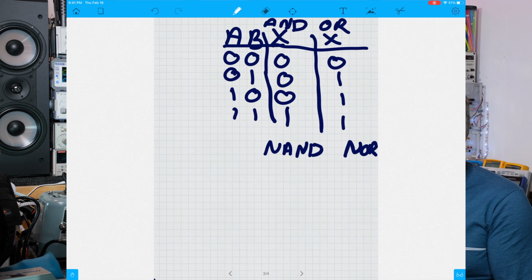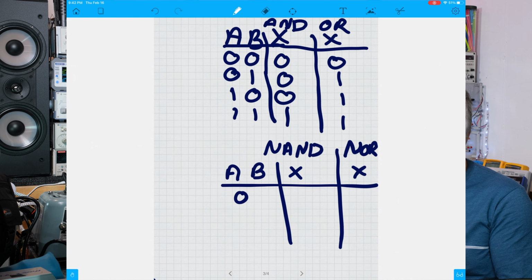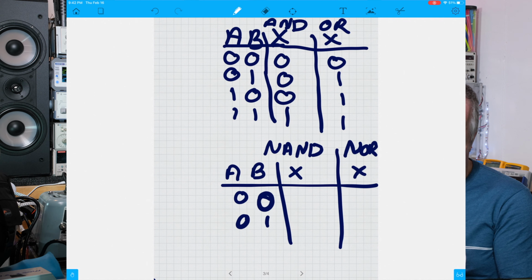So now if I do the table again, A, B, X for this one, X for this one, and draw the table, I start counting at 0. Then I add 1, then I add 1 again, then I add 1 again. I get that, okay?